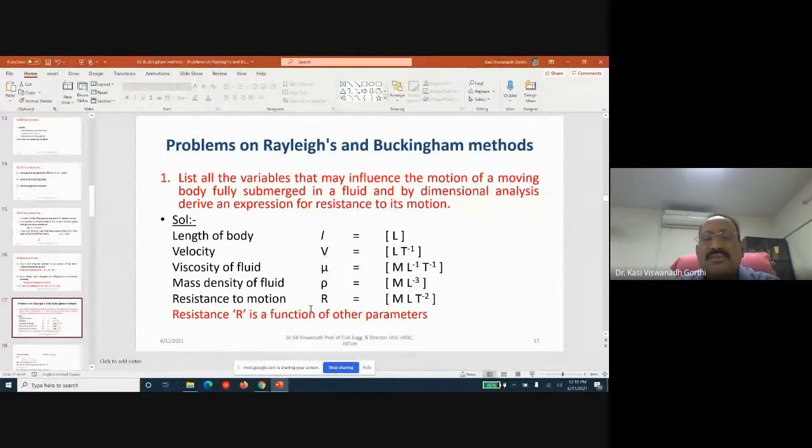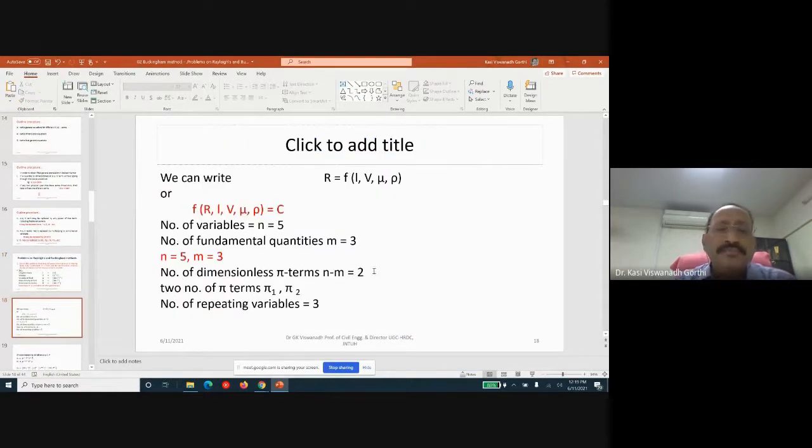And all these variables are described by three fundamental quantities: mass, length, and time. Altogether you have M L T. So the functional relationship would be R is equal to a function of L, V, mu, rho. Else another function f of R, L, V, mu, rho would be equal to a dimensionless constant C.